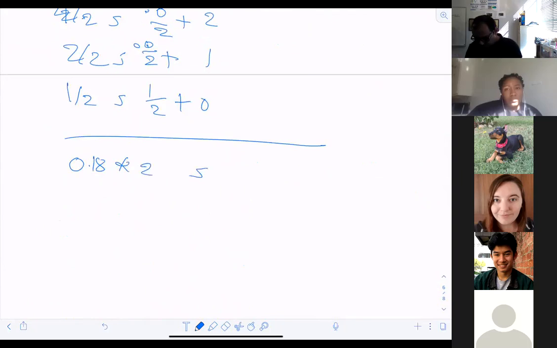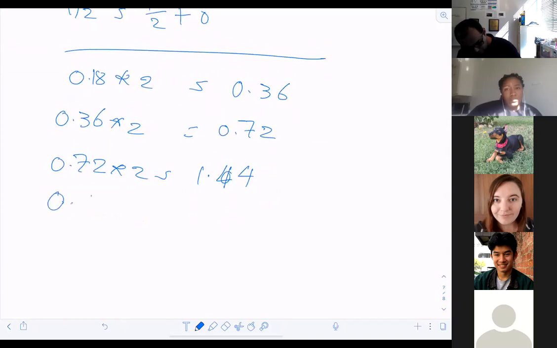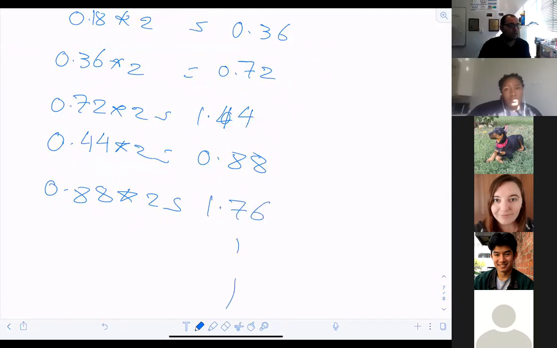What will the value be? 0.36. 0.36 times 2 is going to be 0.72. 0.72 times 2 is 1.44. 0.44 times 2 is going to be 0.88. And then 0.88 times 2 is going to be 1.76. And you continue, right? Collecting this.